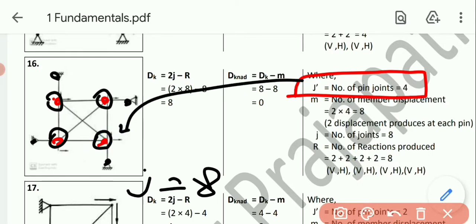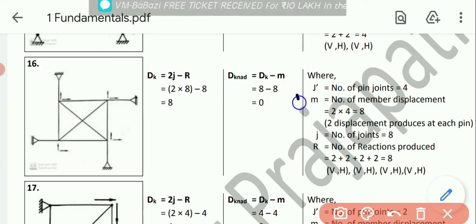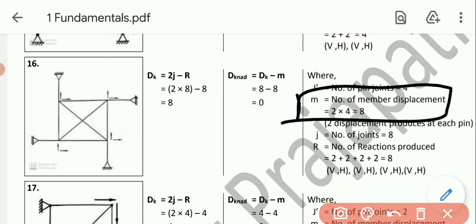So you have got the concept regarding that one. M, the number of member displacements: at each pin joint 2 displacements are there, so 2 into 4, that is 8.